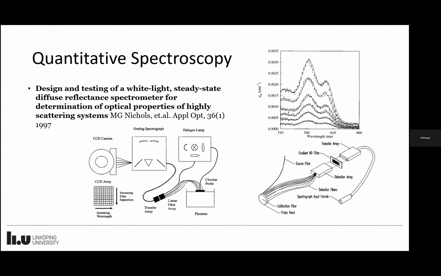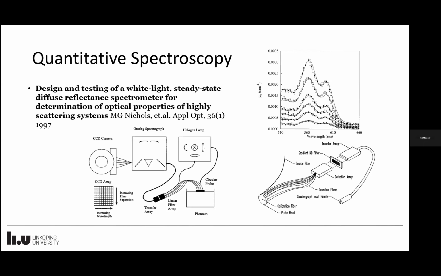This is a very old system, but this is where I was first introduced to it, a system that came out of Tom Foster's lab at the University of Rochester, where you have a probe with a central light source and a spiral of detectors around, with multiple distances from the source to the different fibers.